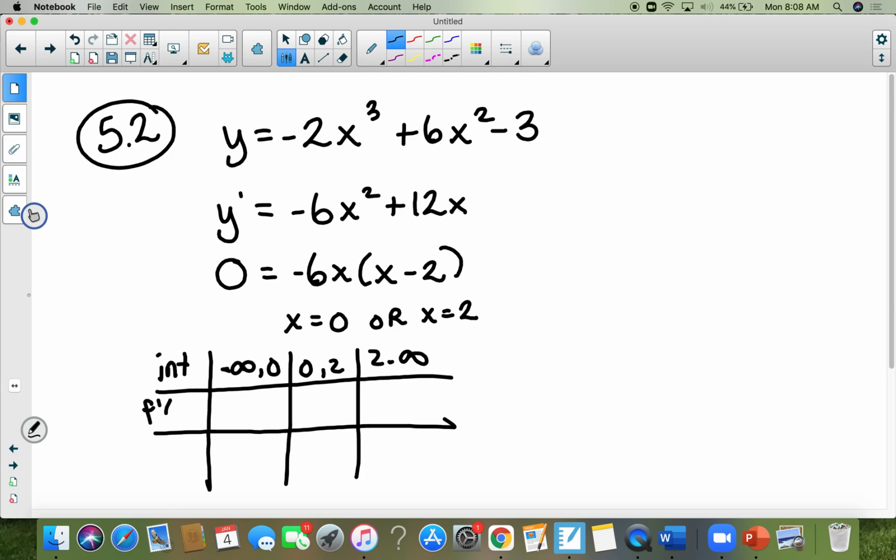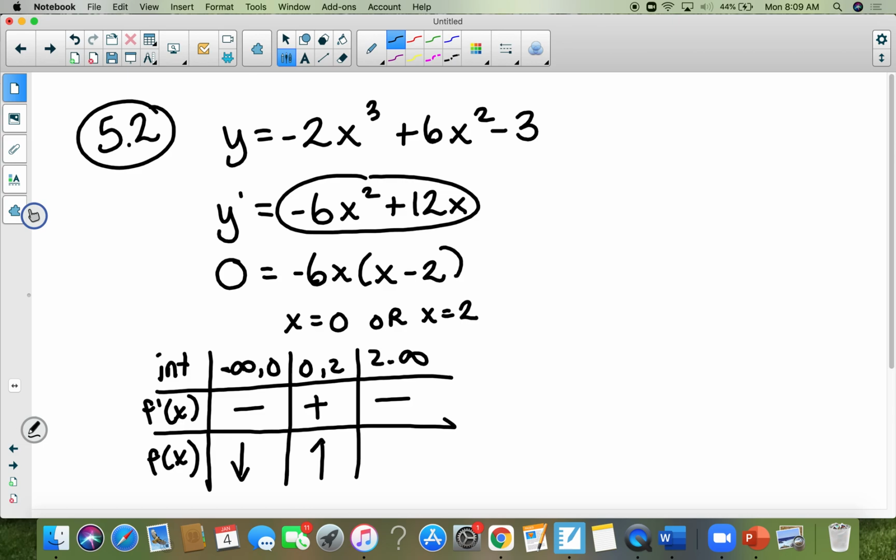This is the derivative, and this is what the original would be doing, if you remember this from 5.2. I'm just going to hurry this up, but I'm going to try a point, and you have to put it back into the derivative. It's going to go negative, positive, negative, which means the original graph is decreasing, increasing, and decreasing.